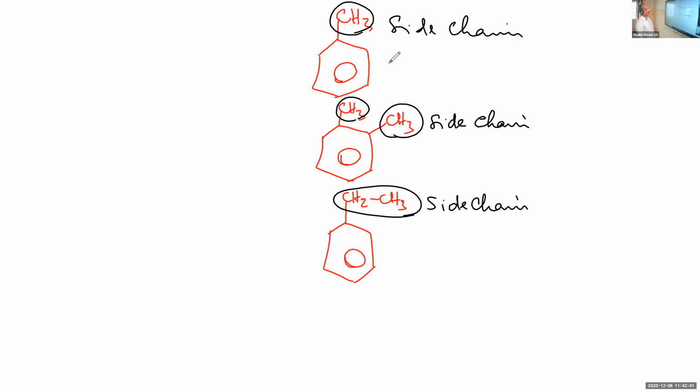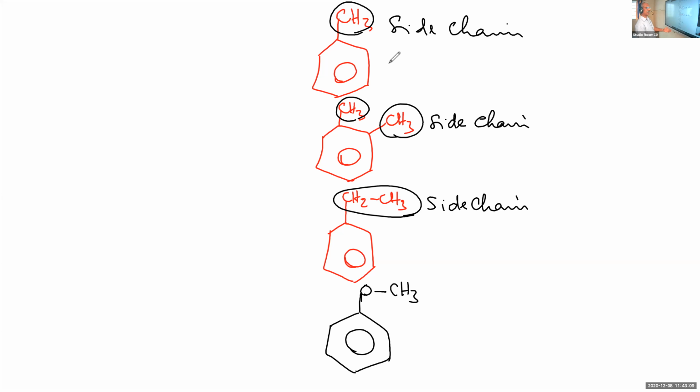Now let us take another example, a compound like this. There is a benzene ring, and here there is an OCH3 group. This molecule does not have a side chain.